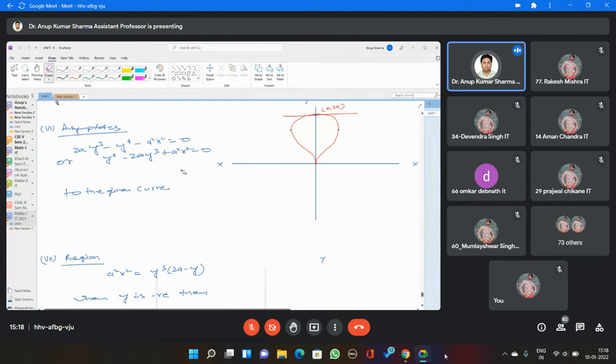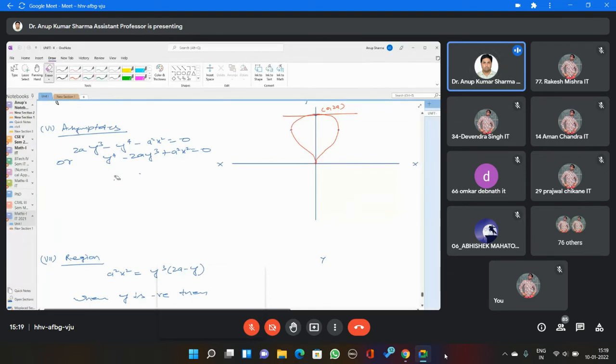To find the asymptotes, we take the highest degree terms. In this case, the highest degree term is y to the power 4, the only one term. Now we equate it to 0. Coefficient is 1, and 1 is not equal to 0. So we are not getting any asymptotes.